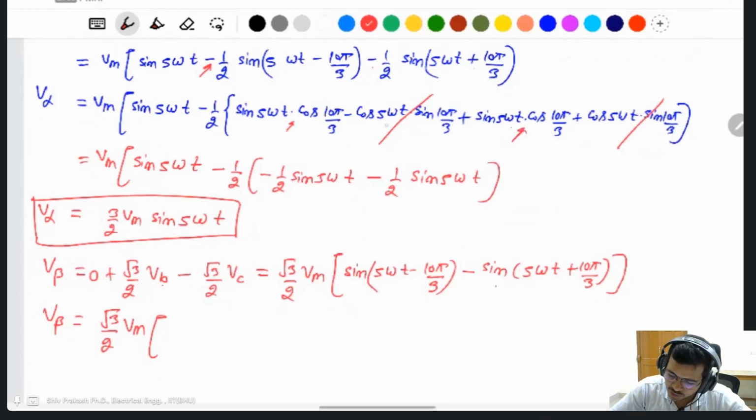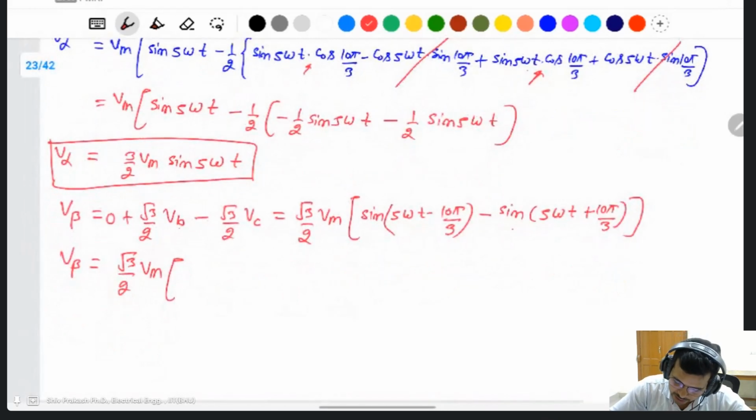Then minus cos 5 omega t sin 10 pi by 3, sin 10 pi by 3 is negative, this is also negative, negative root 3 by 2, minus root 3 by 2, minus root 3 by 2, then minus 1 minus will be plus root 3 by 2, root 3 plus root 3 by 2 is root 3.